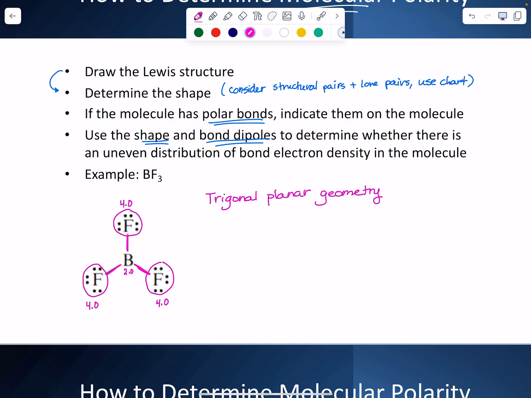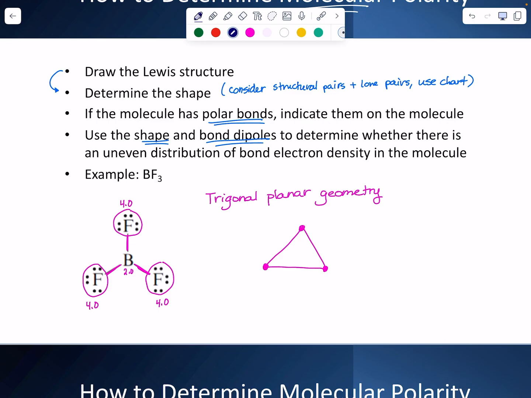So again, if I were to draw these atoms, everything would fall in the same plane, and our three fluorine atoms are going to be at the corners of a triangle. All right. So our boron is in the middle, and we know that these are going to be polar bonds.